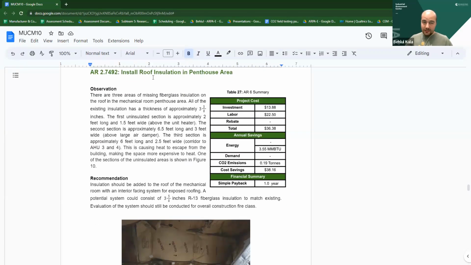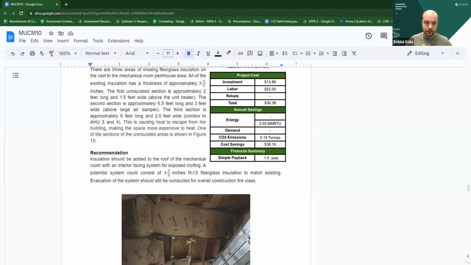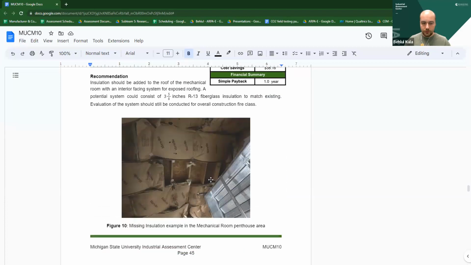And the next thing is fixing the roof insulation in the penthouse area. This is on the municipal building. On the roof side, there are some missing areas. I think because of the installation of some equipment, you said the maintenance team removed it to be able to install these vents.